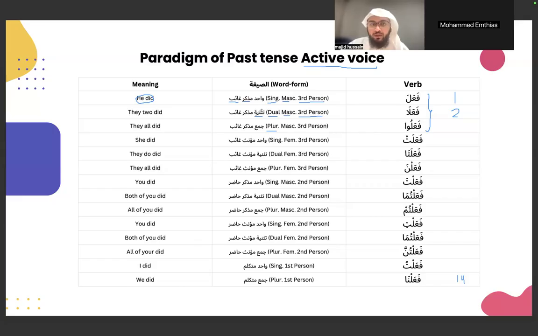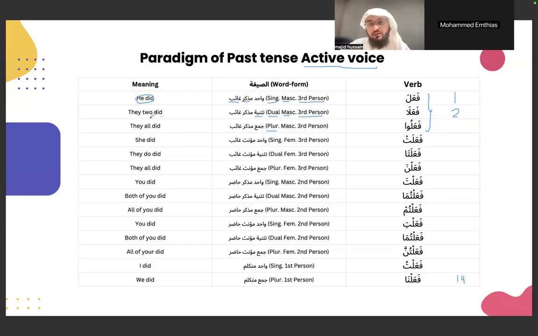And the dual meaning is they two persons, two male persons, did. We don't normally translate like that in English, I understand, but this is just for the sake of understanding what the verb actually means from its root. That's why I just specified the word two over here.